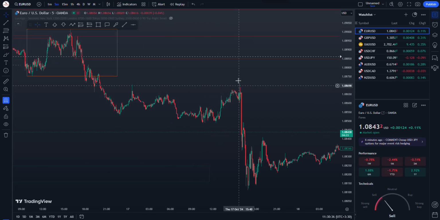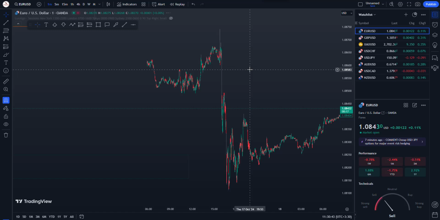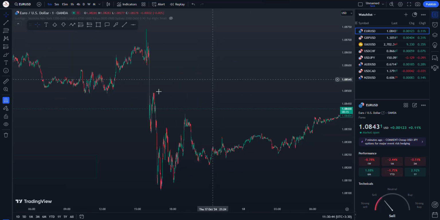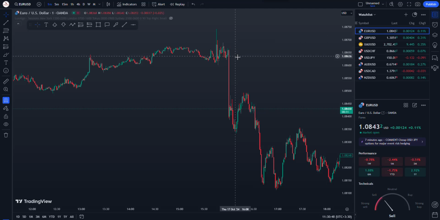This is the last place, this is the last high actually, going back to the level where short orders executed, and after that we have this origin here. I draw this origin.